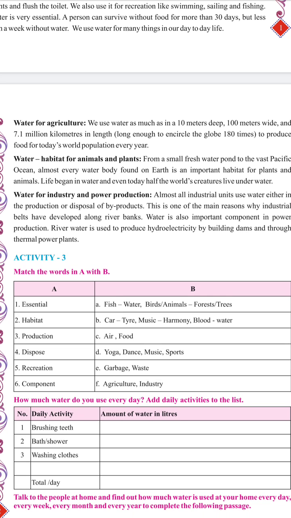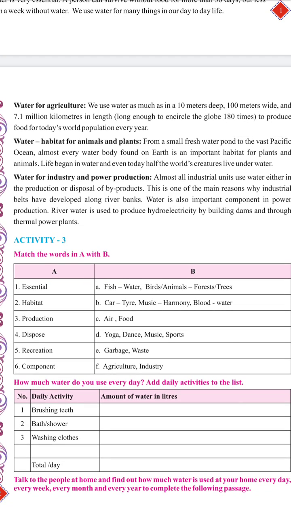Second line says how much water do you use for bathing and shower. Shower is also a form of bathing only. You will have a tap on your head and it will shower water on your body. So showering is not good for water, because you will waste a lot of water in taking a shower.